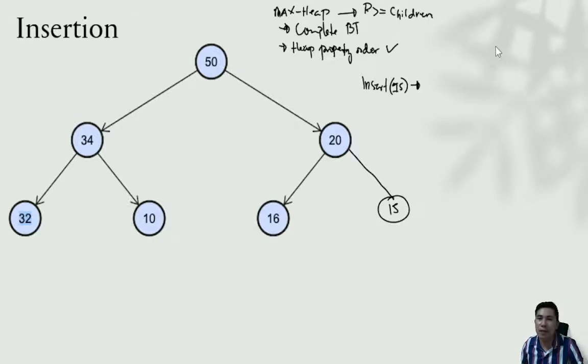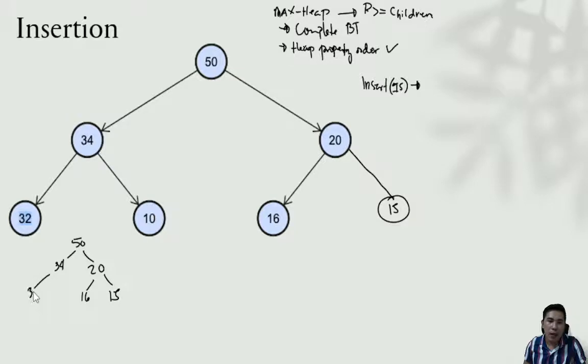So we have 50, 34, 20, 16, 15, 32, and 10. This is now our binary heap after inserting node 15.